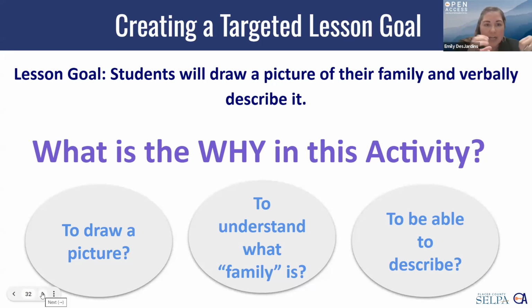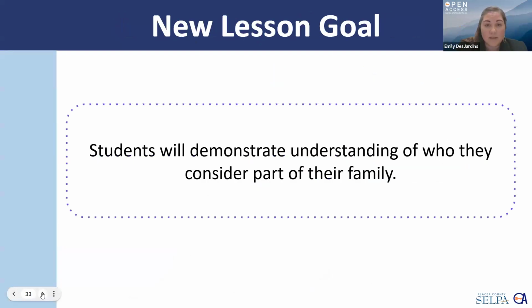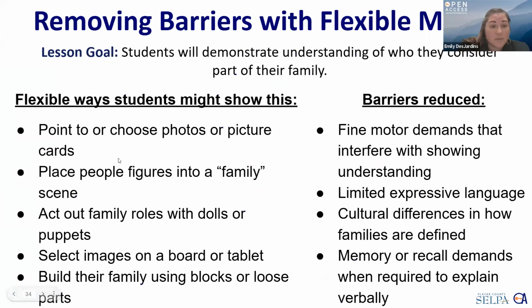And if we take this and actually divide it up, we can create some flexible ways for our learners to meet these goals. So a new lesson goal could be students will demonstrate understanding of who they consider part of their family. Okay, some strategies, some different ways they might be able to do that. There's going to be a ton of different ways.